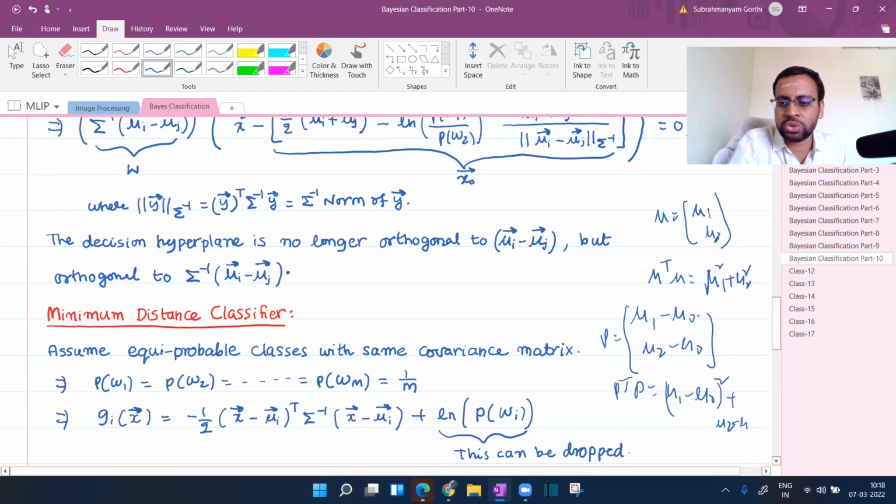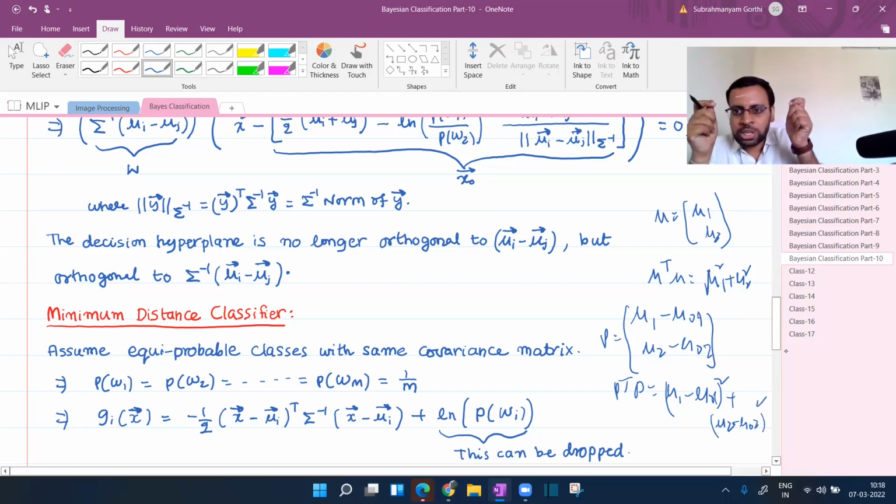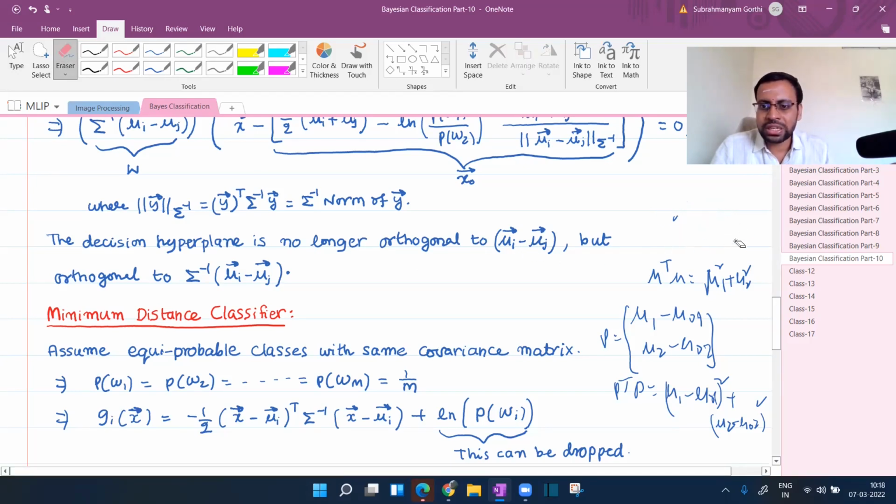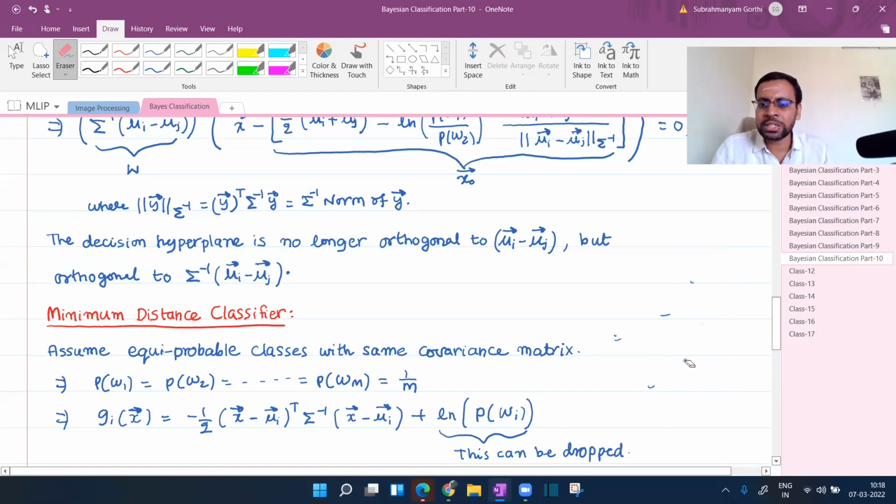There is no reason why these two should be the same, so if you want mu01, mu02, you keep whatever you want. That is nothing but the Euclidean distance between these 2 points. Is this interpretation and visualization clear to everyone? So if you understand this, without that sigma inverse, what you are computing when you do mu1 minus mu2 is the Euclidean norm, the Euclidean distance between them, and the square of it.